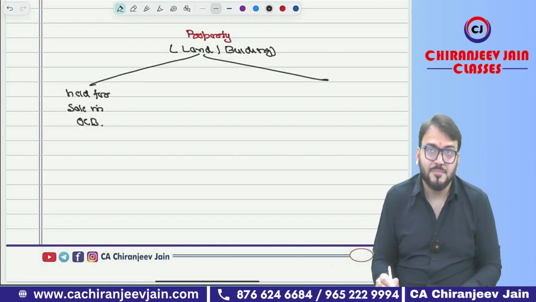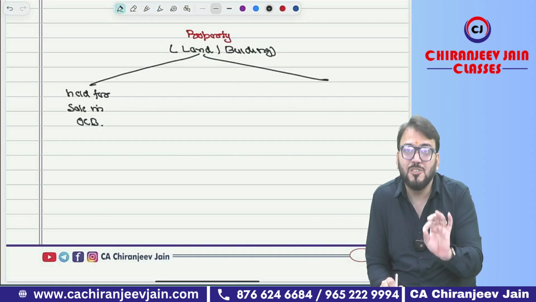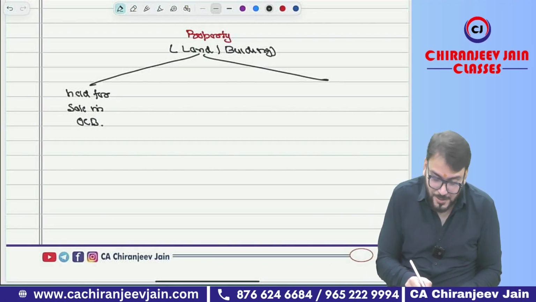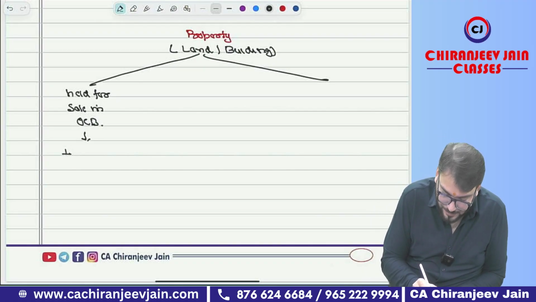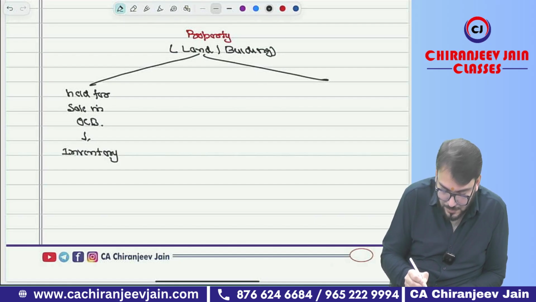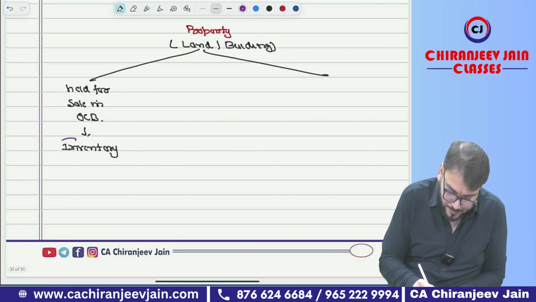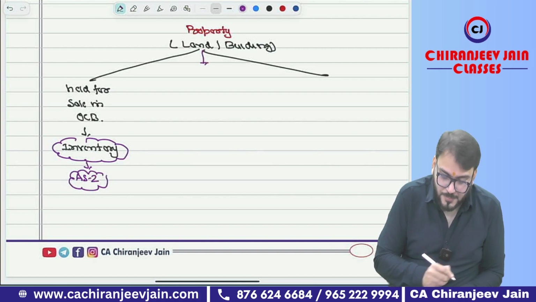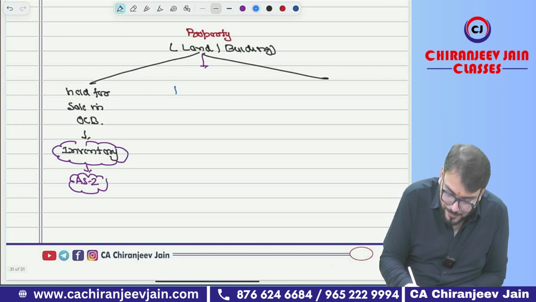OCB means what? Whenever I write down OCB, OCB means ordinary course of business. If you have not understood, write down the full ordinary course of business. Then it is inventory. Then it will be inventory. Correct? And which AS will apply? AS2 will apply.